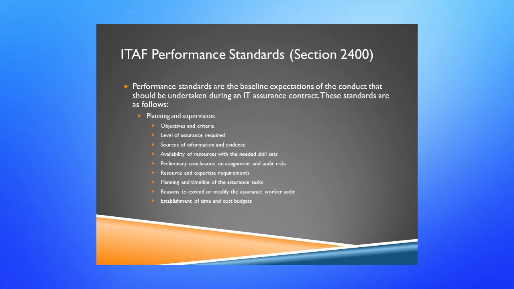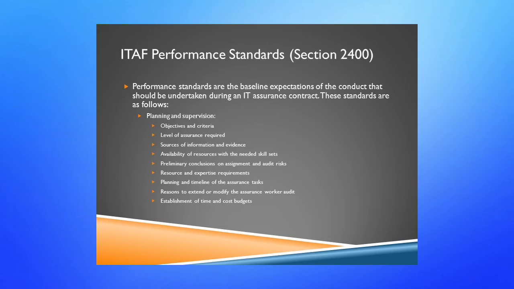No overruns unless it's justified as a part of reasons, like I said, to extend or modify. But that's why we have to have these types of standards put into the performance of what we do. So that I just don't have people automatically getting the extra pay, the extra billable hours, and going over the cost budget. So, again, section 2400 to be able to look a little more detail if you need to about these performance standards.